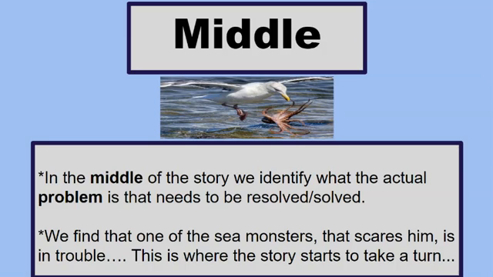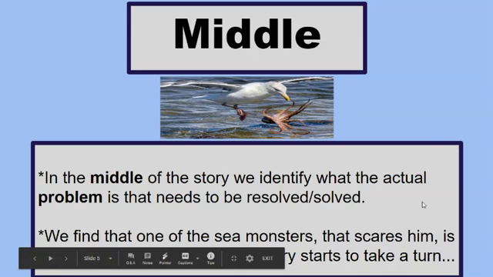Now, in the middle of the story, we identify what the actual problem is that needs to be resolved or solved. We find that one of the sea monsters that scares Benny is in trouble, meaning the little octopus baby, because there was a big gull coming that way and they do eat little and big octopus.